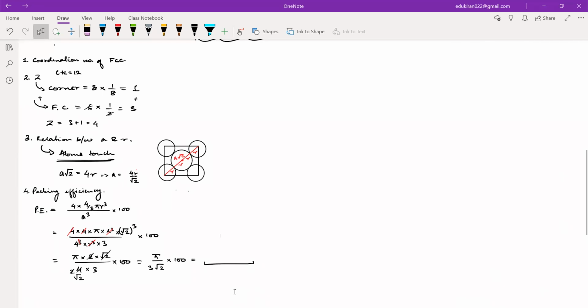Yes, yes. Send the answer of packing efficiency. Send the answer for packing efficiency in the chat. Yes, Atif, correct. Very good.